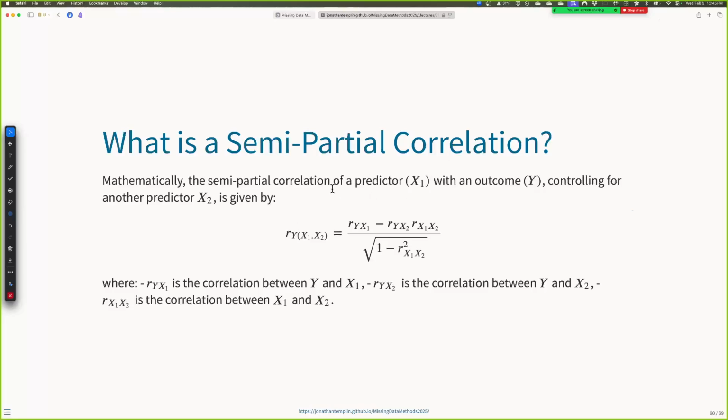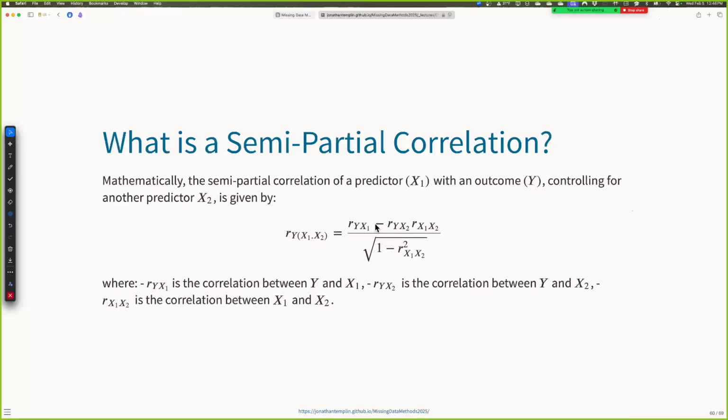All right, so here's a formula for how we do that. Actually, I just said a. Let's call x1 what I called x before, and x2 what I called a. If we want the semi-partial correlation of x1 with y, controlling for x2, we calculate that by a series of correlation coefficients.